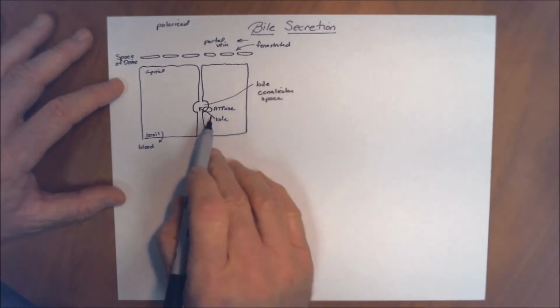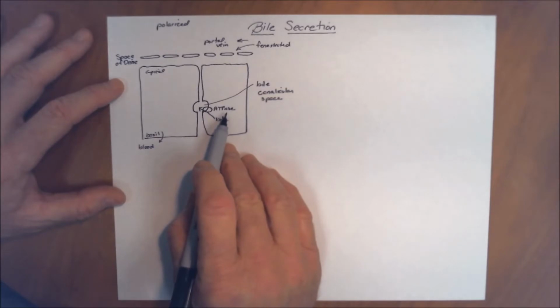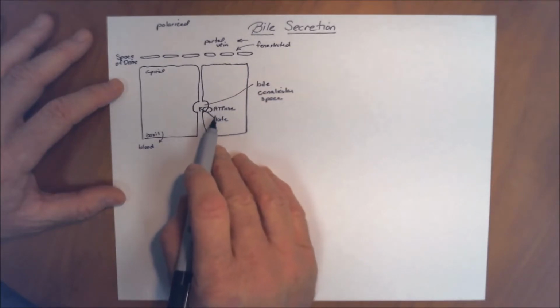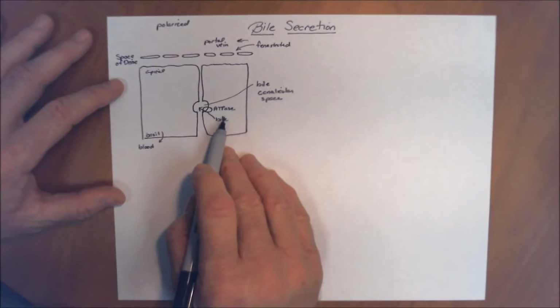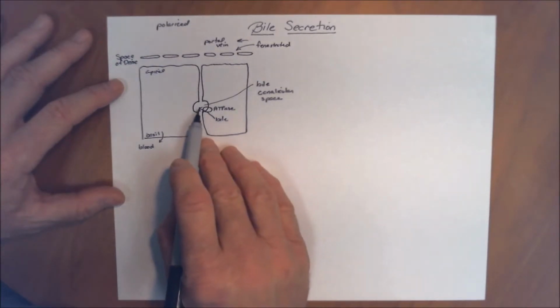So this is going to be primary active transport. We are going to hydrolyze ATP and utilize this stored energy to drive the bile from the internal cytosolic compartment of the hepatocyte into the canalicular space.